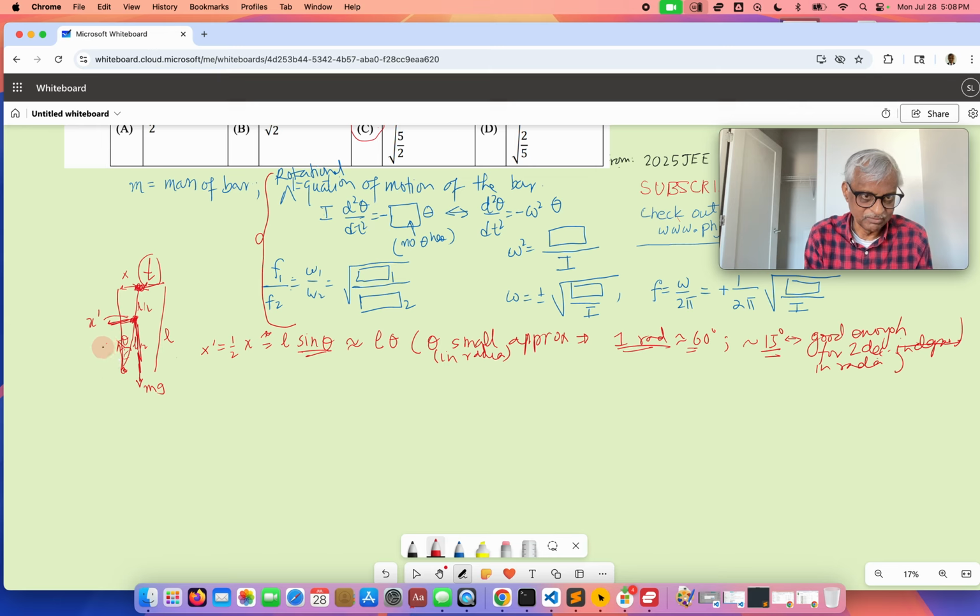Let's call it, at the hinge, just F. There's a force there. And I'm going to use this as an axis about which this is kind of going around.